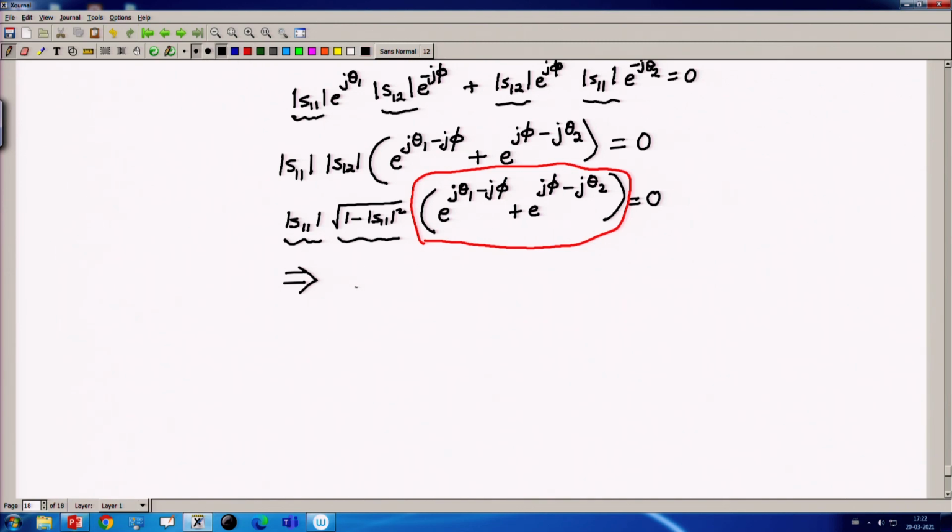So, therefore, we say e to the power j theta 1 minus j phi, that must be equal to 0.